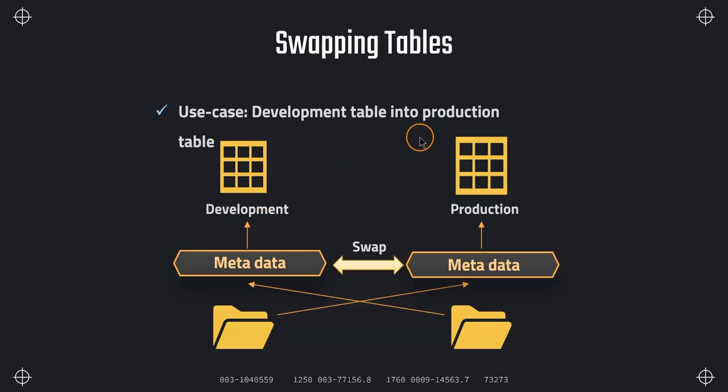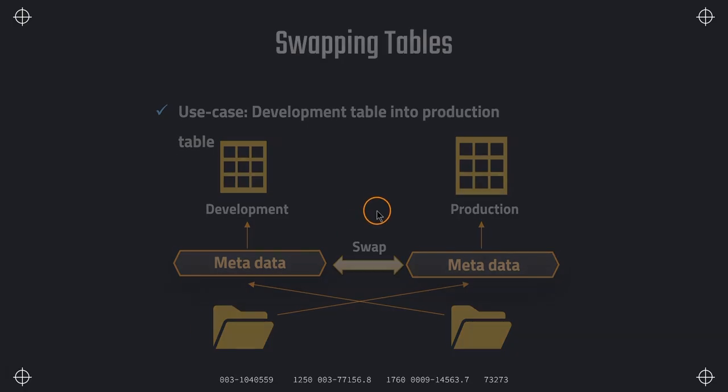So when we swap those two tables, all we are doing is swapping the metadata. And then the underlying storage of those tables is just pointing to the metadata of the production table. So then this will be our production table with all of the associated metadata. And of course, vice versa. So we basically swap those two tables.